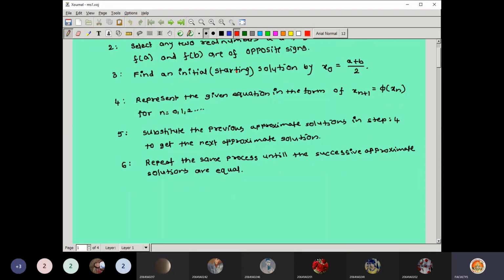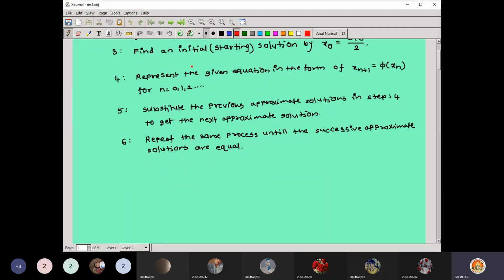For that, I give you a problem so that you can easily understand the complete process. Write down the problem. Use iteration method to find the root of x cube minus x minus 1 equal to 0. The method is clearly mentioned here; if the method is not given, you can use any of the methods.